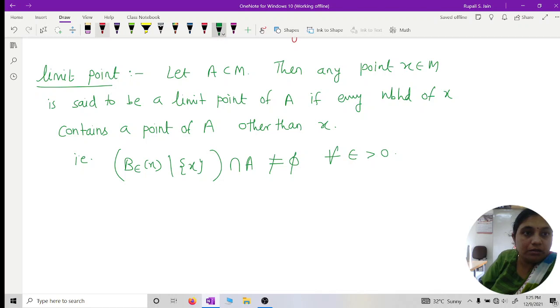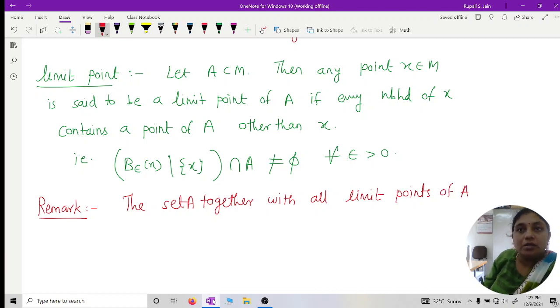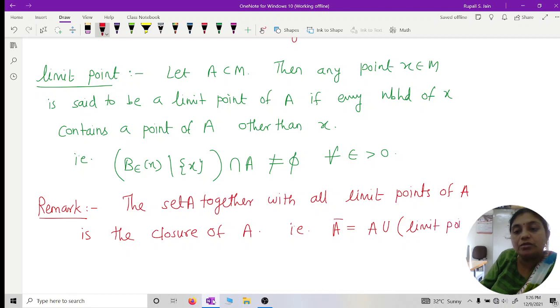Again we can have a remark. The set A together with all limit points of A is the closure of A. That is, A closure is nothing but A union all limit points of A. Okay.